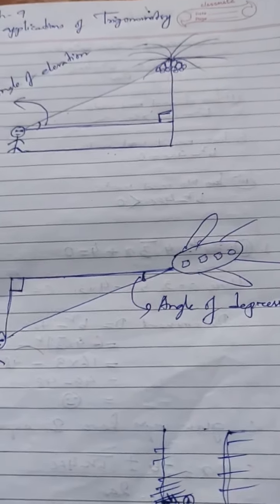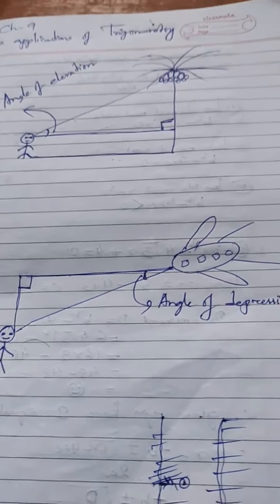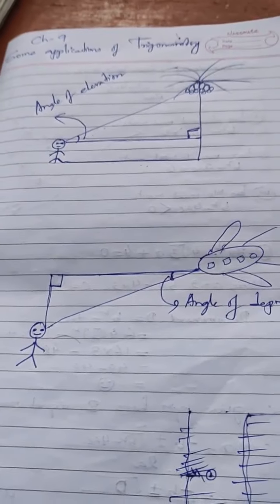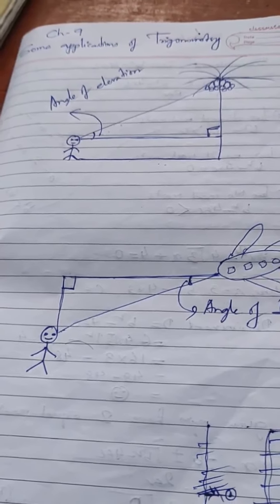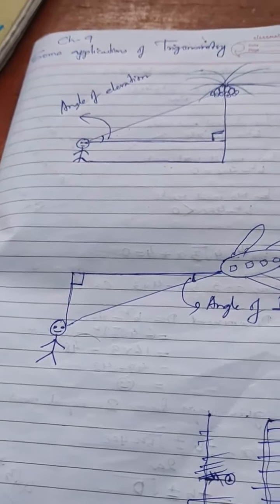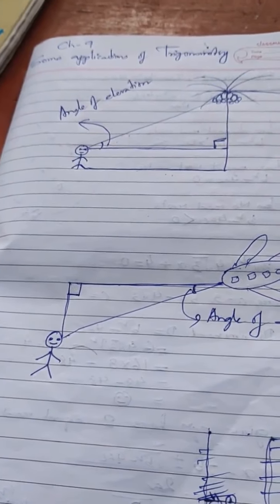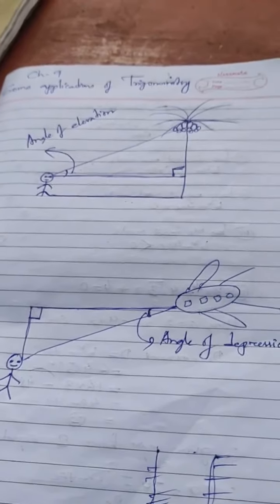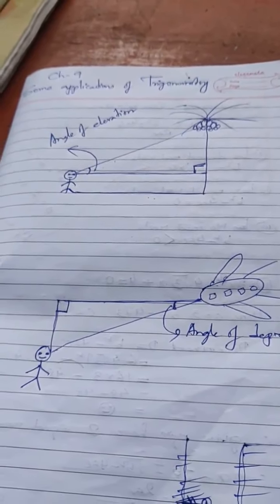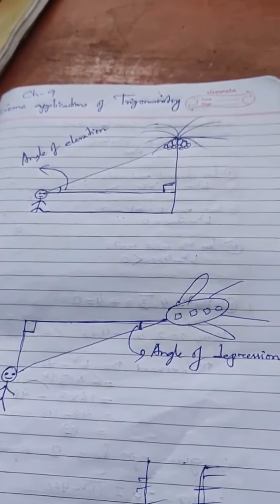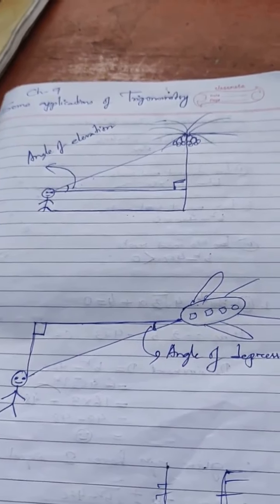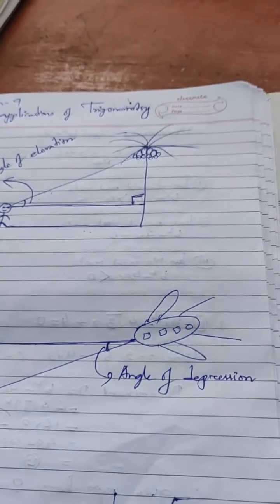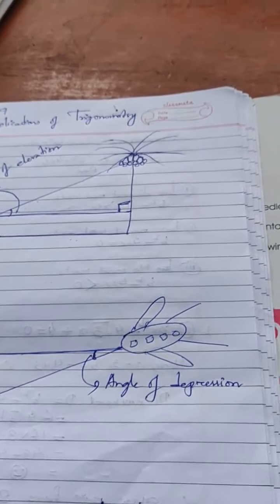Look, for angle of depression and elevation, I can give you a common, simple example. You know that nearby our home we have this flyover. Suppose you students are there on top of the flyover, and I am here on the ground level, just below the flyover.